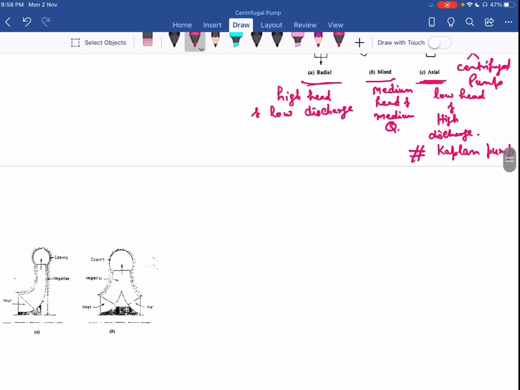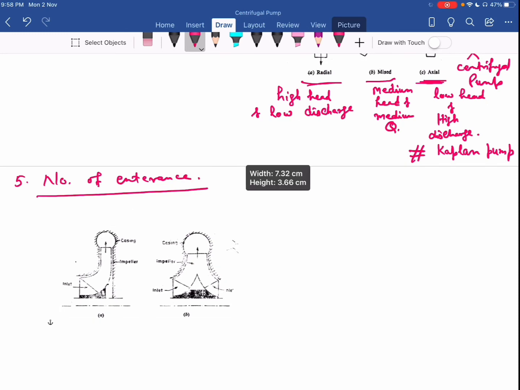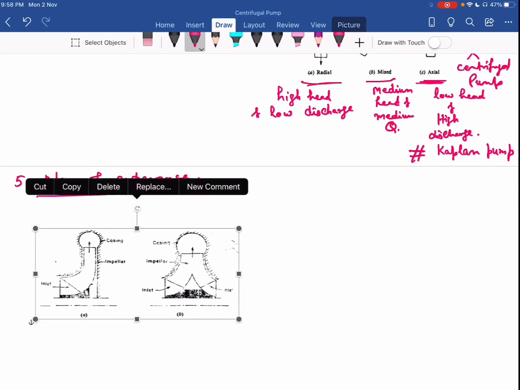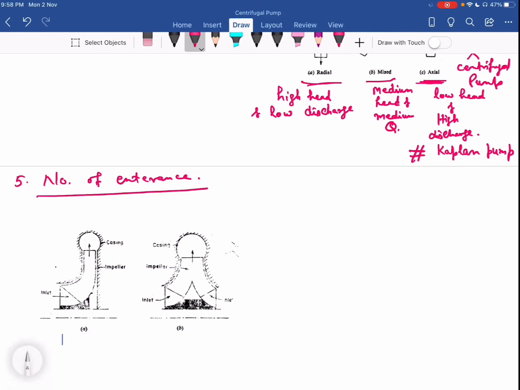Then on the basis of number of entrances, we have two types of pumps. One is called single suction, second one is called double suction. Single suction pump and double suction pump.